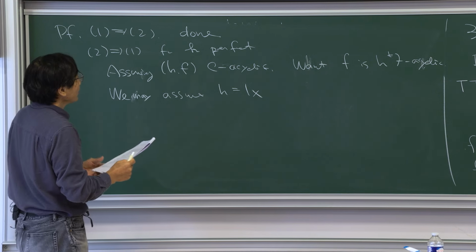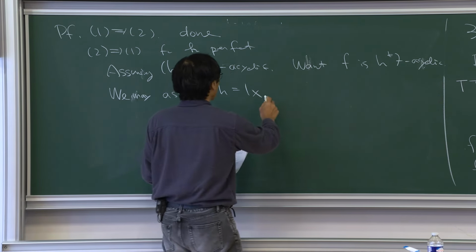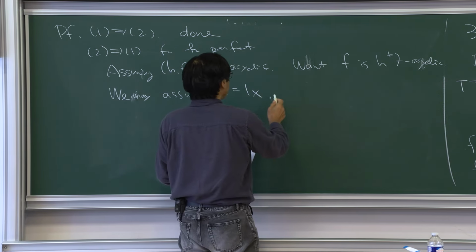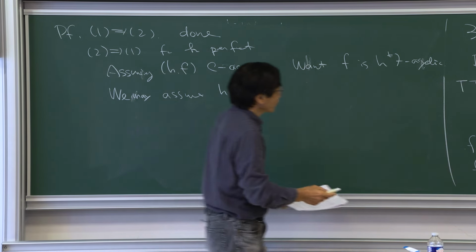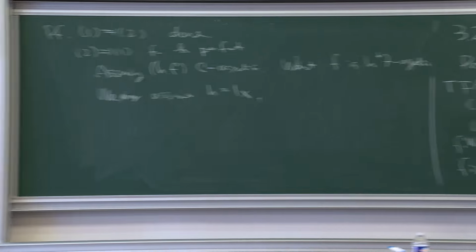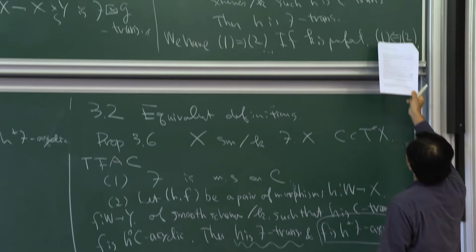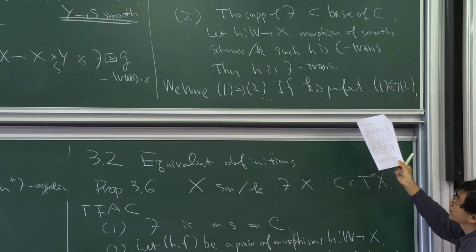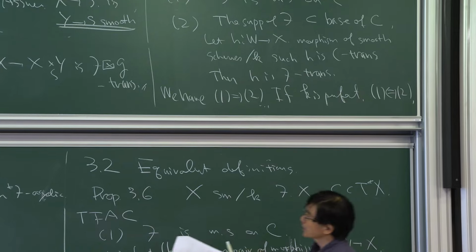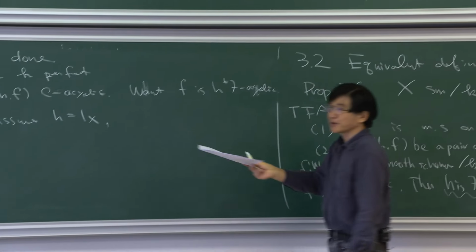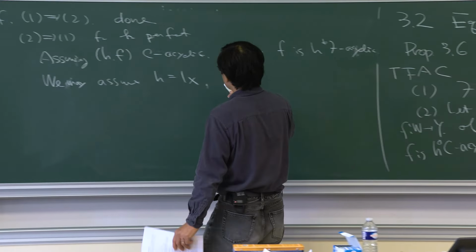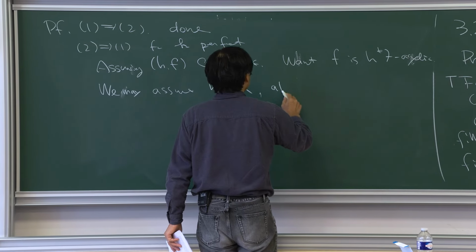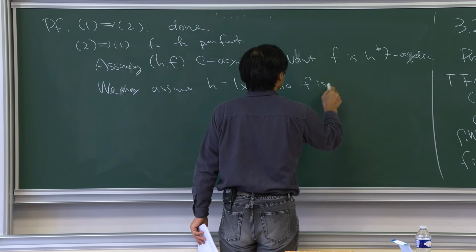Then after shrinking, because we assume that the support is a subset of the base of C, C-acyclicity means smoothness on the neighborhood of the base. So we may also assume F is smooth.